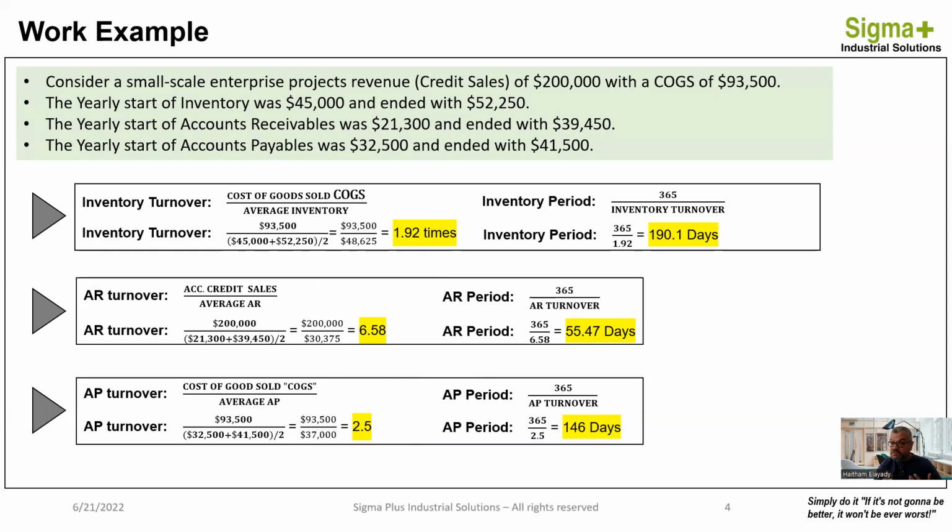It looks nice, because this means that at least the supply chain management is implementing some efforts and controls in submitting the purchase orders to the suppliers, and that means that the accounts payable is happening every 146 days.